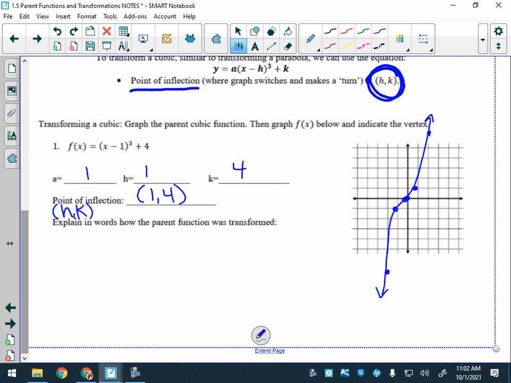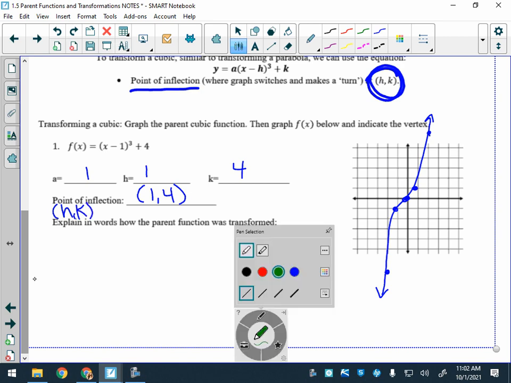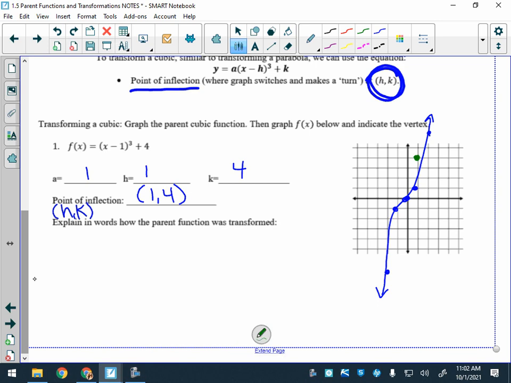So if I plot 1, 4, what transformations happened going from 0, 0 to 1, 4? Good. Right 1, up 4. Then everything follows suit.